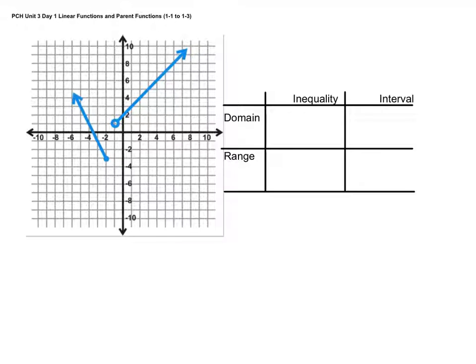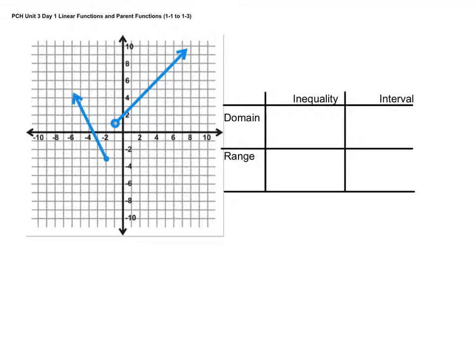So for example, when x is less than or equal to negative 2, we're going to be on this line here. However, it's not even defined between negative 2 all the way up to negative 1. But once we get past negative 1, we jump over to this line.